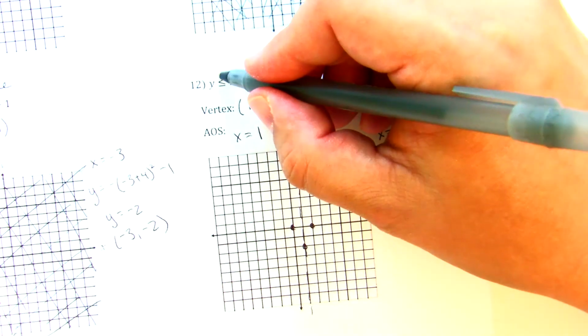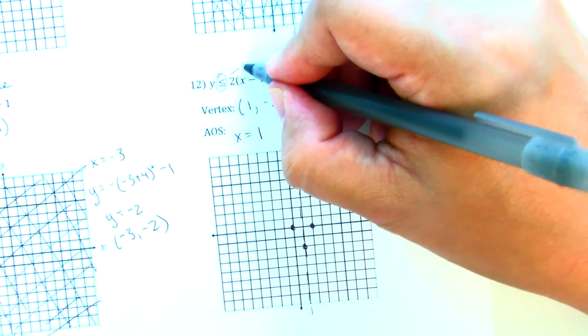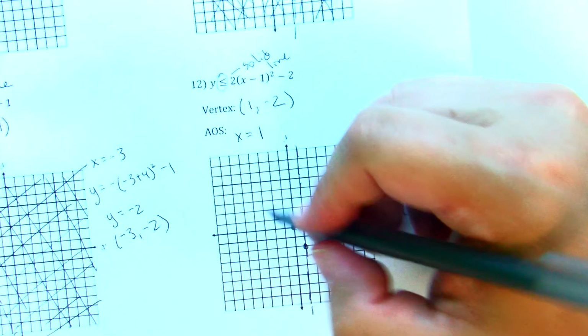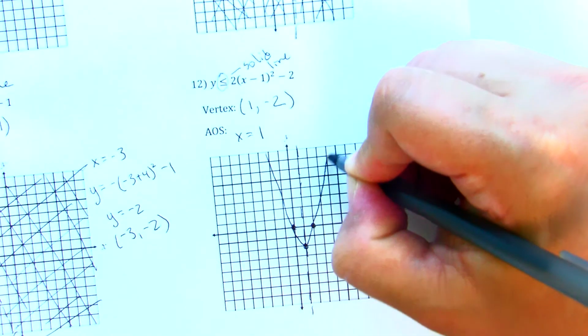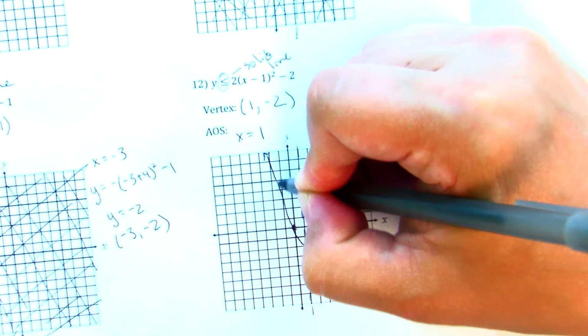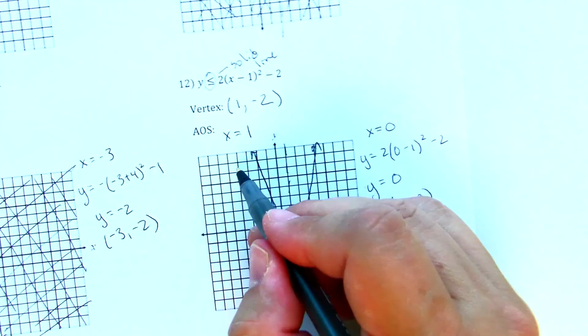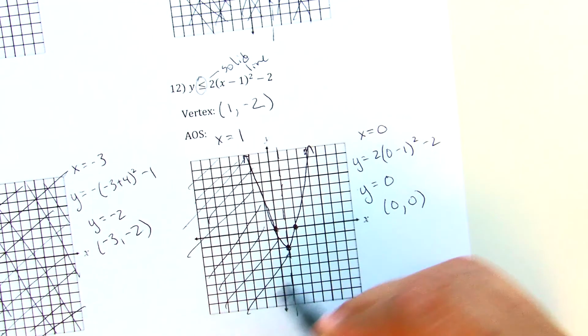Okay. Before we draw our line, we've got to see this is less than or equal to, so that means we're going to have a solid line. So when we draw the parabola, we'll draw a solid line parabola, which is good because I'm much better at doing those. Okay, and then we want everything less than or equal to, so that's going to be everything down here.